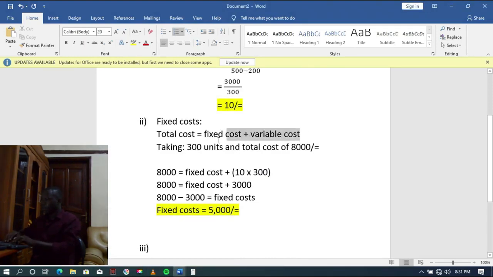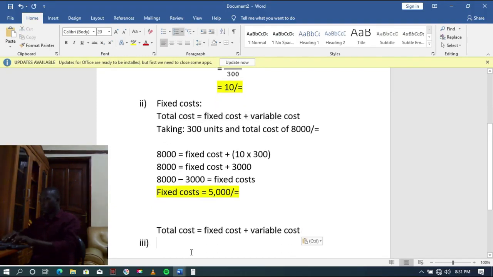Therefore, our fixed costs is 5,000 shillings. That is our total fixed costs in the production process.